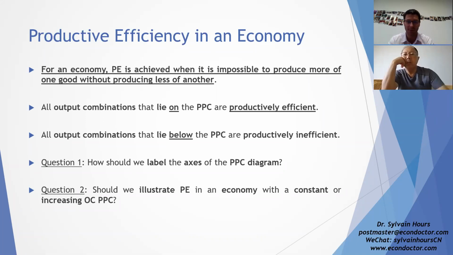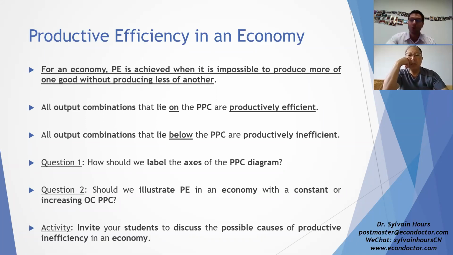No problem at all. What you could do with your students, after you have defined this concept of productive efficiency in an economy, is ask them to discuss the possible causes of productive inefficiency. What can lead to a situation where the resources will be allocated in such a way that we do not maximize the production?